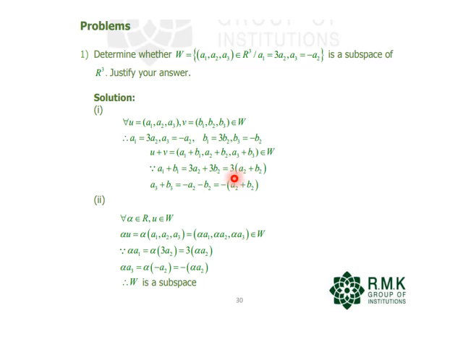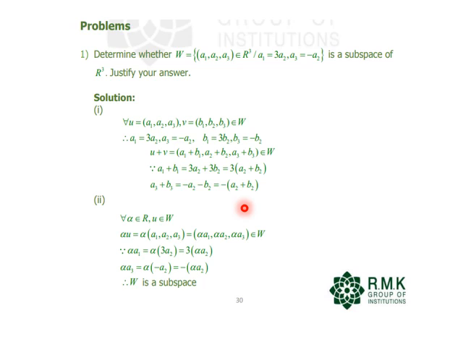Taking out 3 common, it is 3 times a2 plus b2. The first condition is satisfied here. Then the third component equal to minus of the second component. My third component here is a3 plus b3. By definition, a3 is minus a2 and b3 is minus b2. Taking out the negative common, I get a3 plus b3 equal to minus of a2 plus b2, which implies that u plus v belongs to W.